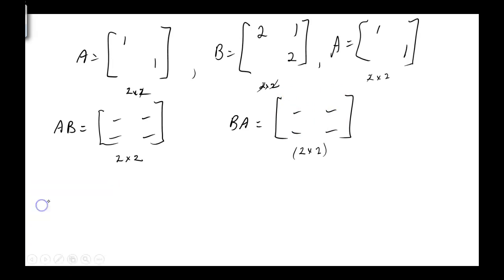I'm being really lazy. That was 1, 2, 1, 1, and negative 2, 4, 2, negative 2. Okay. Let's do AB. The sizes are the same, so they will do.